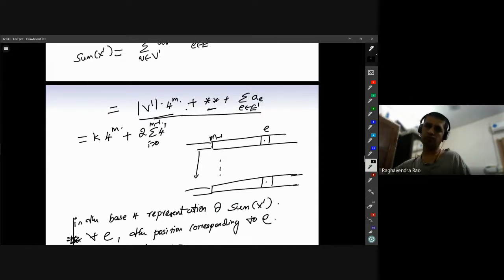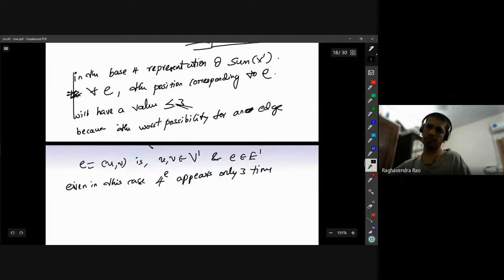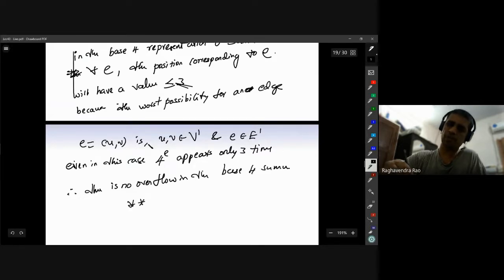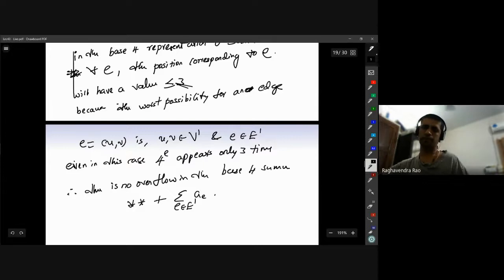So therefore there is no overflow in the base 4 summation star star plus the sum over e in E prime of 4 to the e.